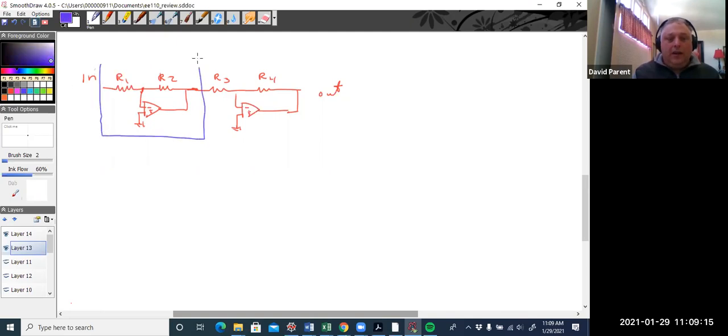I have an inverting op amp going into another non-inverting op amp.